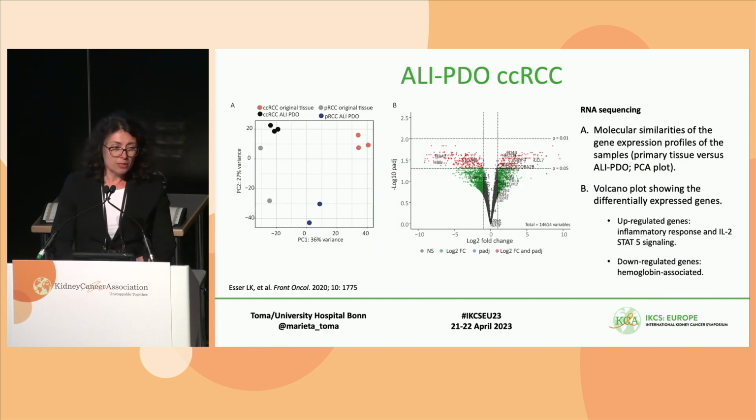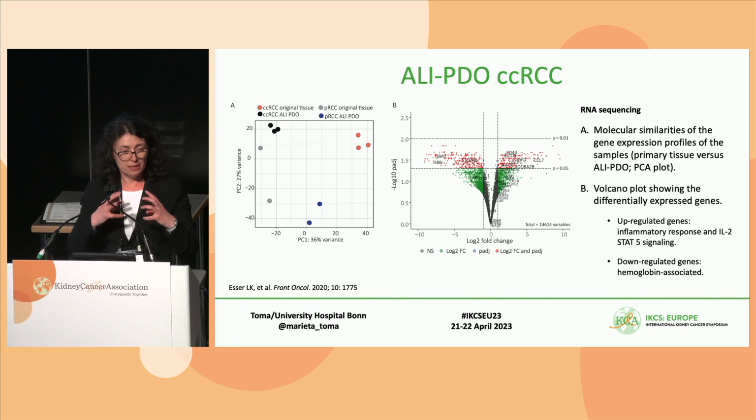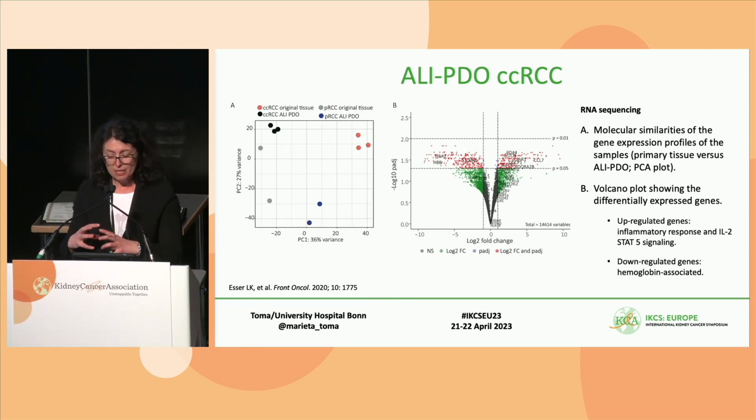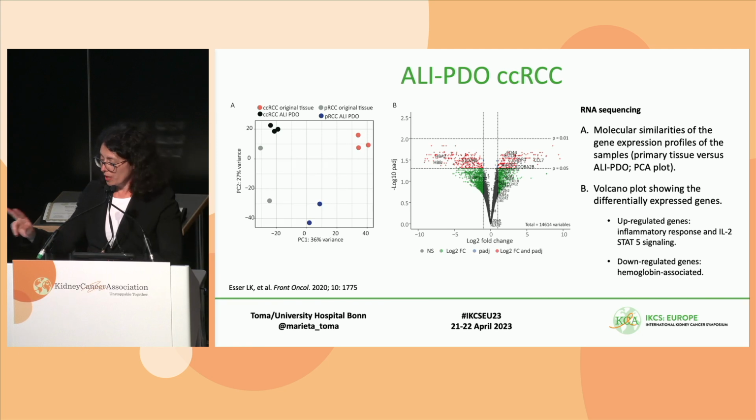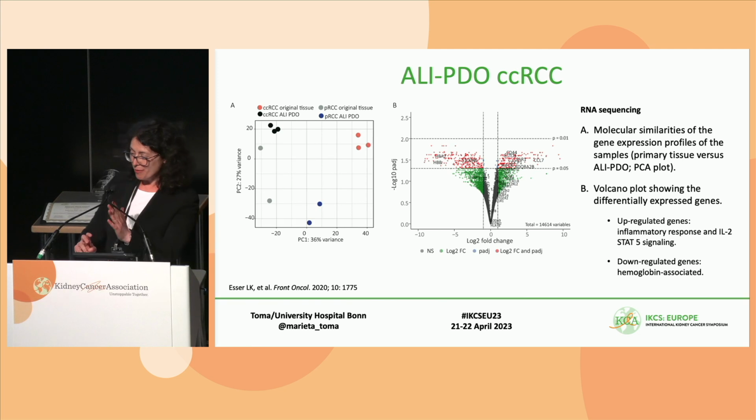Then we took a look at how similar the organoids are to the primary cell culture. And you see they are clustering very nicely in RNA-seq. And on the volcano plot, you see that there are some genes being differentially expressed, about 400. This is not that much for culture. And on the left side, we have a lot of downregulated genes, and they were mostly associated with hemoglobin.